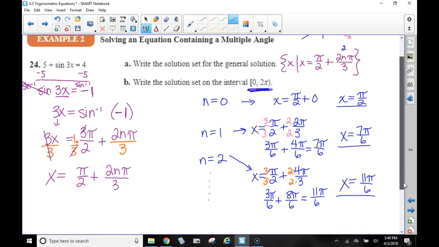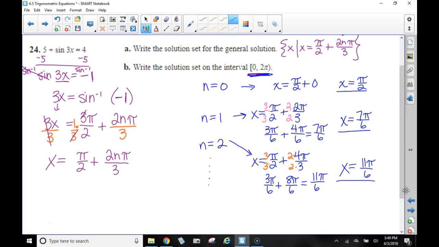Okay? Now, if you keep going and let n be equal to 3, looking at our formula up here, remember, we're going to be getting a solution for x that is pi over 2 plus 2 times 3 times pi over 3, which is 6 pi over 3.